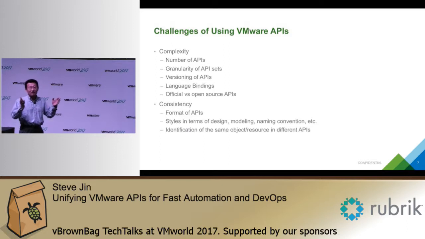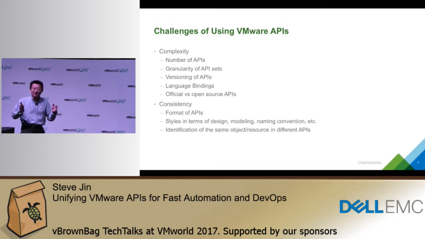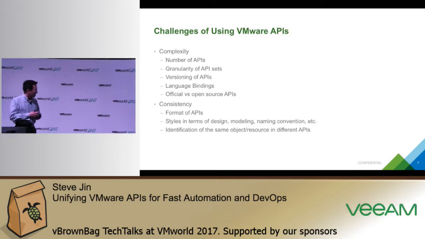Some products release a few APIs. The other day I was looking at the VMware Code website, and one product had almost 10 API sets out there. That is essentially a different aspect of the same API, but listed under a different API name, which I think is too much. They should have grouped them together into one API name.